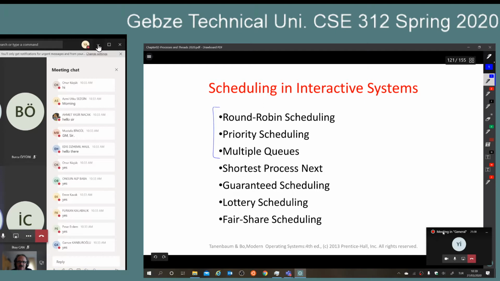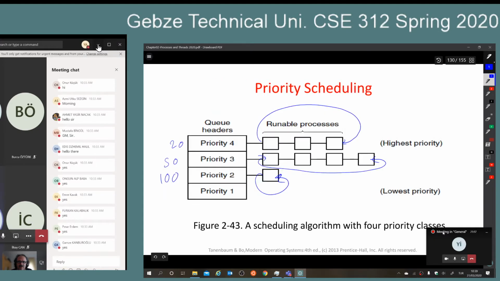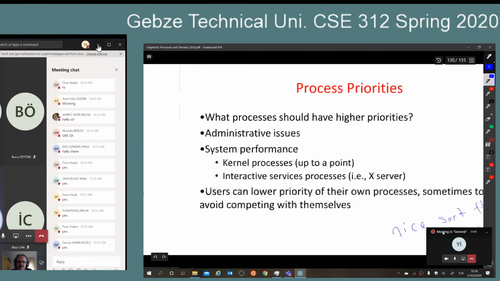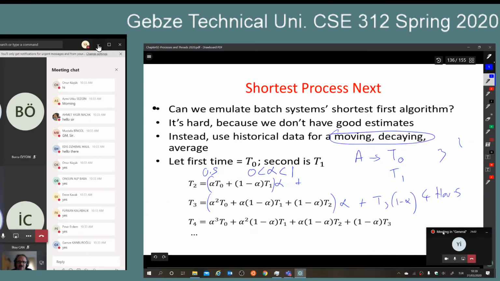So shortest process next is a scheduling algorithm that I can use maybe with the priority scheduling algorithms. But the problem with the interactive task is that I don't know how long it's going to take. So this is a way to guess how long it's going to take for this task to be blocked. Okay, so that's what we do.